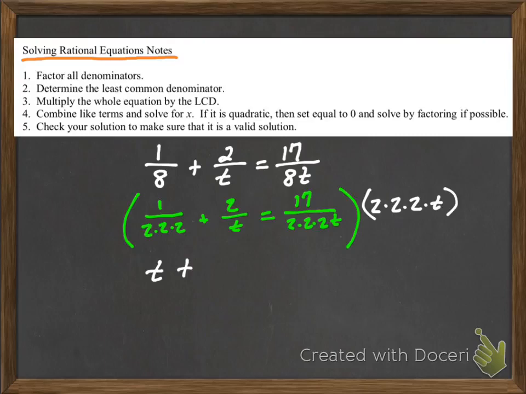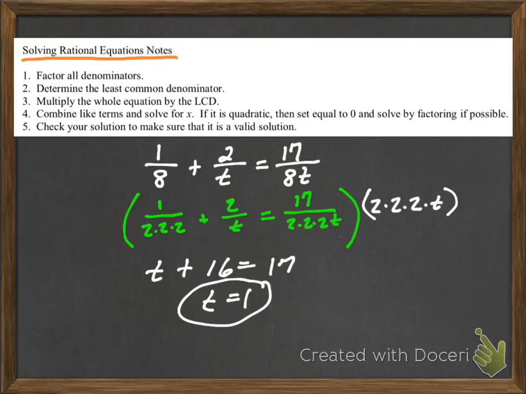All right, so now the second fraction, the t's will cancel out, leaving us with these 2's, which is 8, multiplied by this 2, which is 16. And then the last fraction, everything in the denominator cancels everything right here, leaving us with simply the numerator, which is 17. And then solving for t gives us 1.